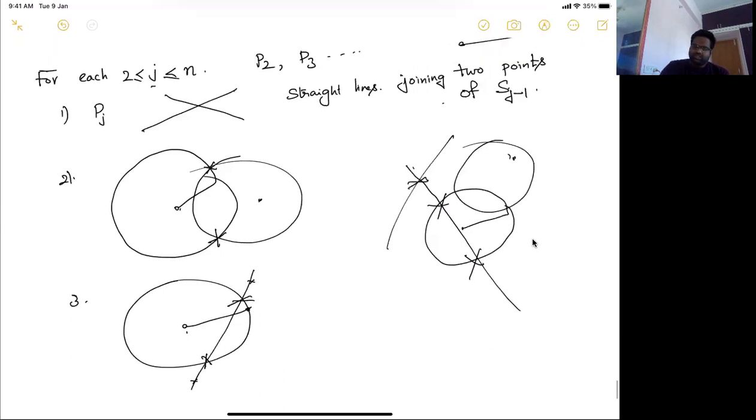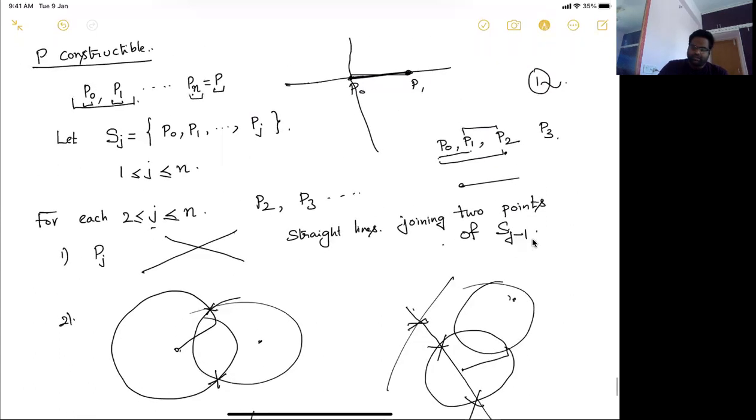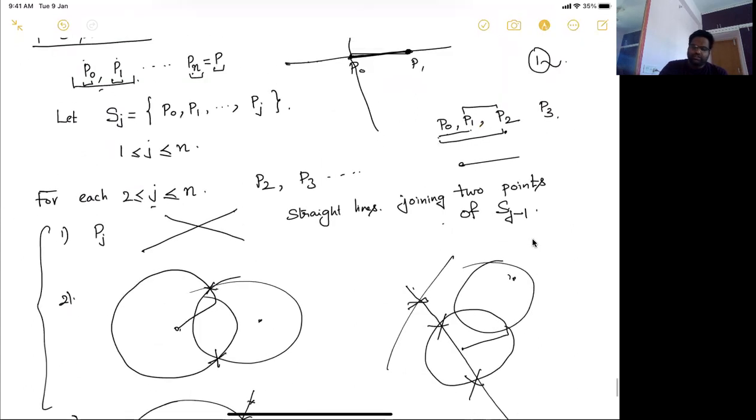Such a point is called a constructible point. If you are able to obtain Pn, starting with P0 and P1, by a series of these 3 processes, and you get the final point Pn, which is our given P, then the point P is called constructible using ruler and compass.